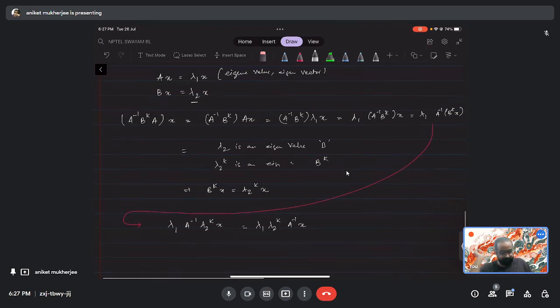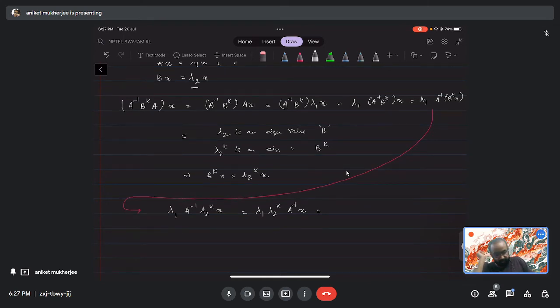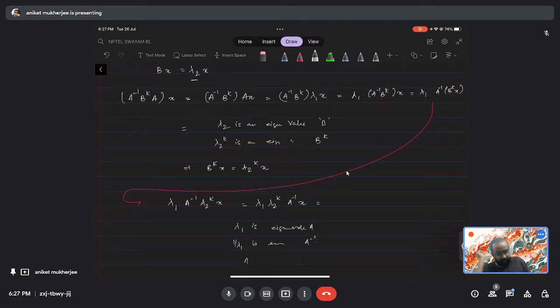Now, here again I'll use a formula that if lambda 1 is an eigenvalue of A, then 1 by lambda 1 is an eigenvalue of A inverse. So I can write A inverse x is equal to 1 by lambda 1 x. So I can write this as lambda 1 into lambda 2 power k into 1 by lambda 1 x, which gives me lambda 2 power k x.